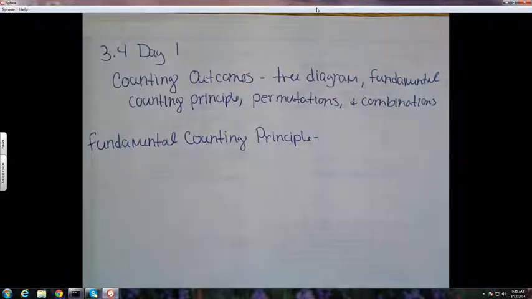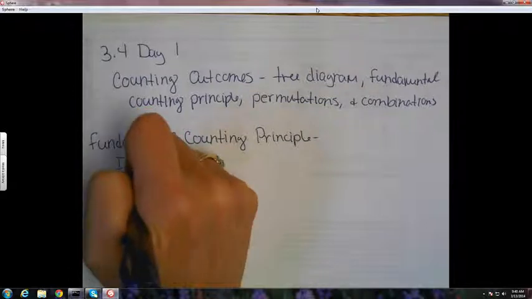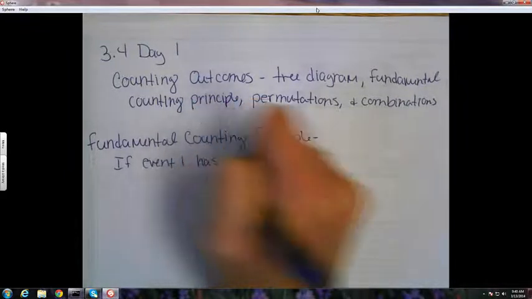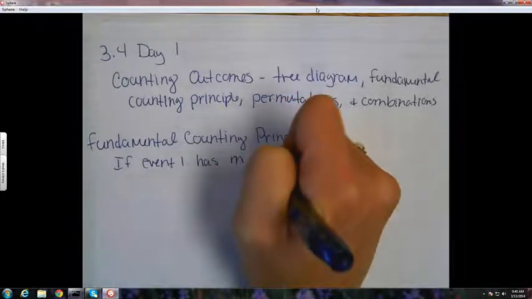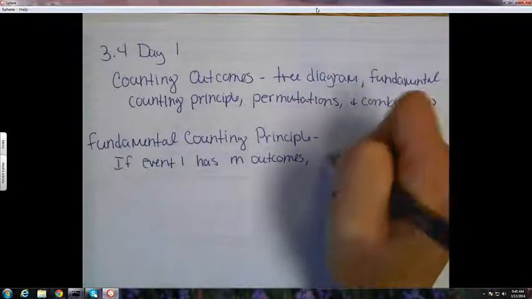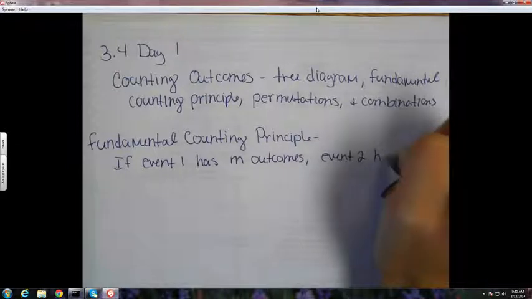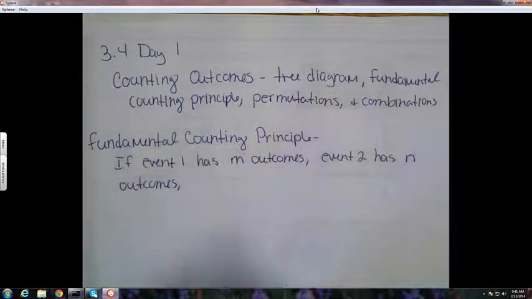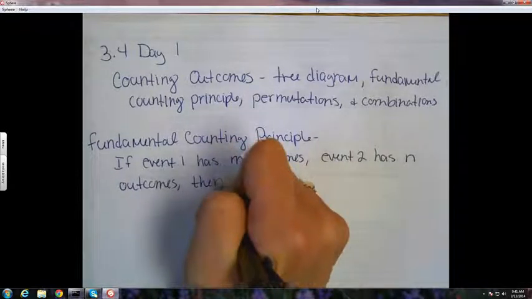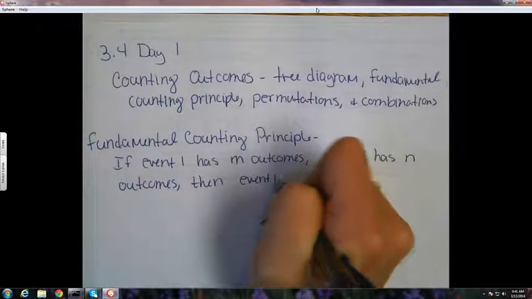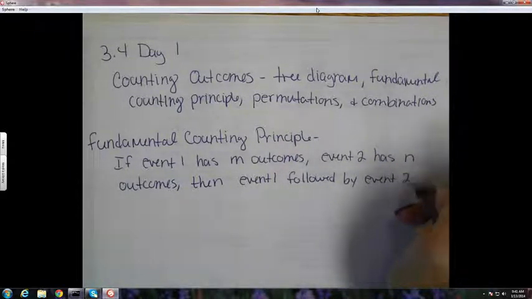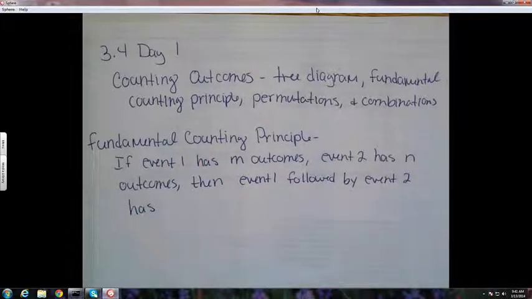Fundamental counting principle says if event 1 has m outcomes, event 2 has n outcomes, then event 1 followed by event 2 has... do you remember?